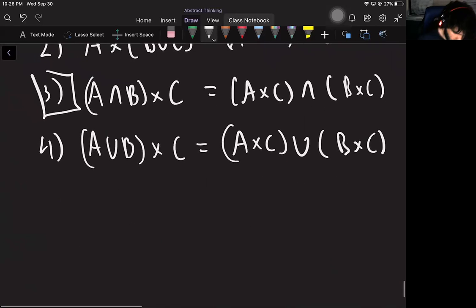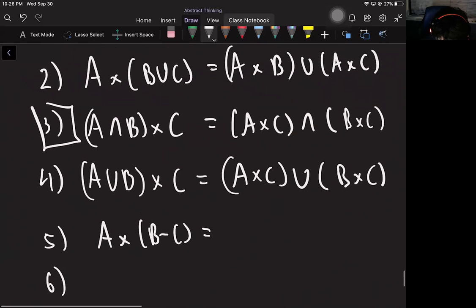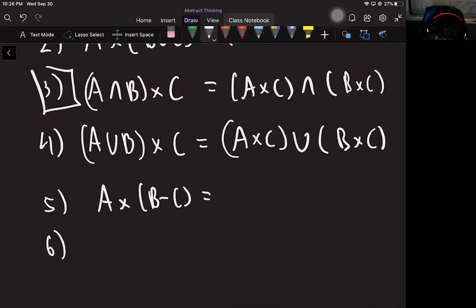And 5 and 6, they're not really new rules. In fact, I hesitated writing them, but I'm going to, caving to the power of the textbook. So this is saying that the product distributes over the relative complement. But the relative complement B minus C is really just an intersection. Remember, that's just the first set intersect the second set's complement.